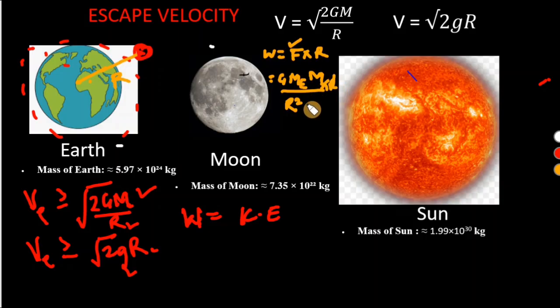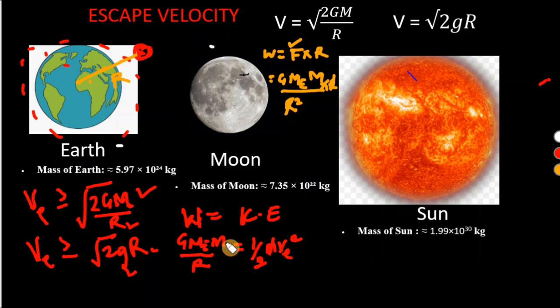This cancels, so that we have this for work done: GMm upon r. This work done equals the kinetic energy, which is half mv squared. In this case it will be the escape velocity, half mv squared.